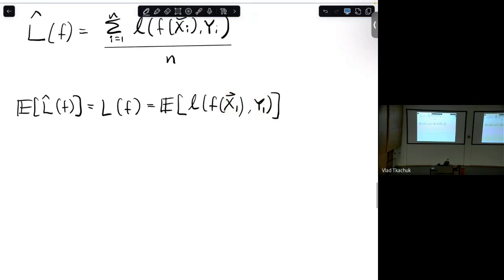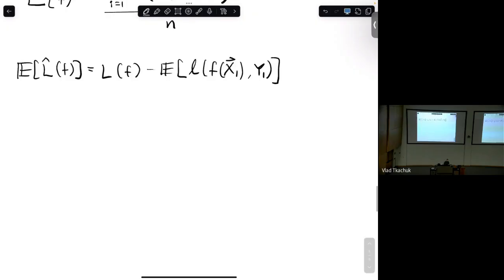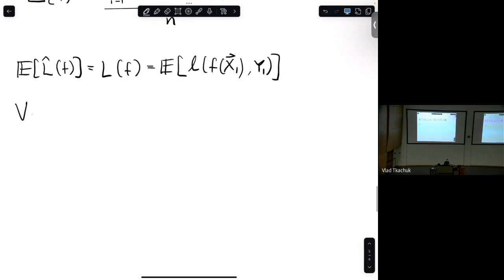Okay, that's good. We have this property that the expected value of our loss estimate, which is the empirical risk, is equal to the true risk. And you can also talk about the variance. The story there is also the same: it becomes 1 over n times the variance of any one of these, plugging in any one of the feature-label pairs you want.